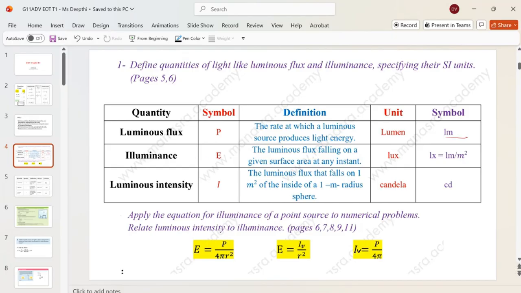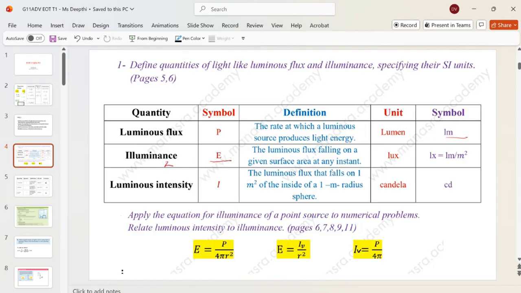Second, illuminance. Illuminance means the light falling on a surface area. So that depends on the distance. When you go away from the bulb, the illuminance decreases. When you come near to the bulb, the illuminance increases. The illuminance is denoted by the letter E, and it is the luminous flux falling per unit area.